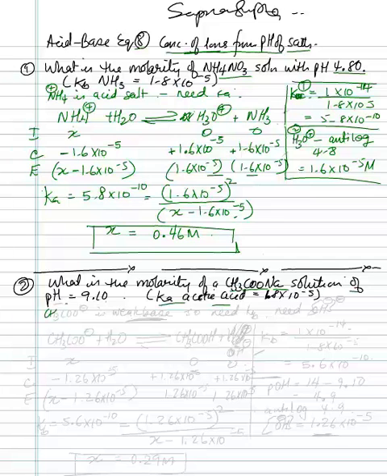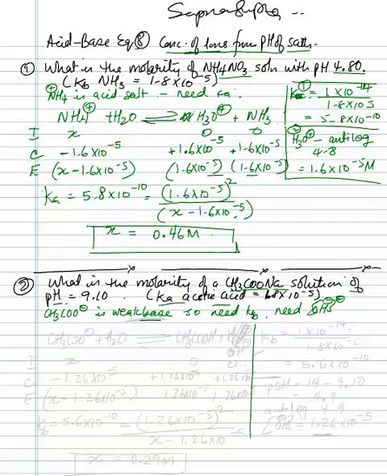Now CH3COO minus is a weak base, so we need Kb. Since this is a weak base, we are going to need hydroxide ion concentration, not hydronium ion concentration, from the pH value. So we have our side calculations to do already.